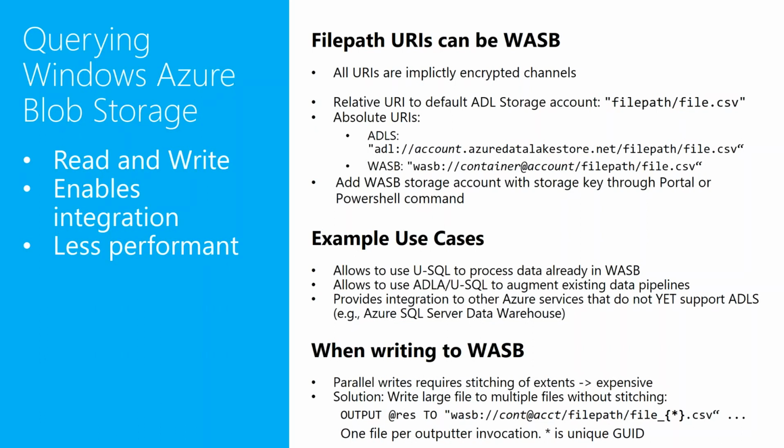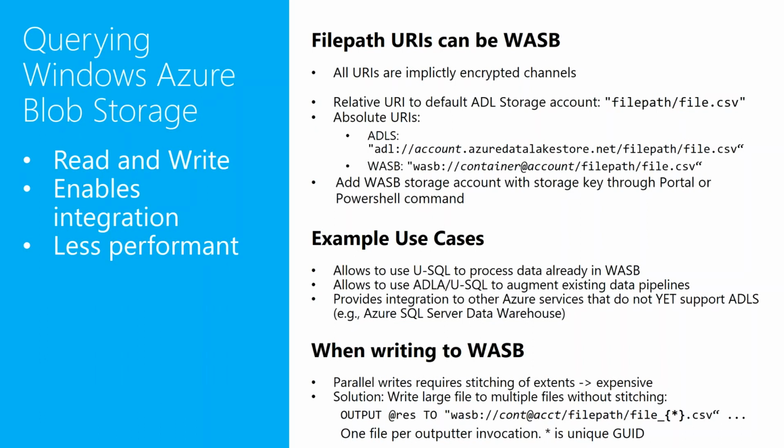So here on the slide you see an example where I say OUTPUT ADDRESS to WASB, where I have the file underscore curly brace star curly brace. Now what this means is that when I write files to such a pattern, then I will get one file per output invocation, and the curly brace star curly brace is replaced with a unique GUID.